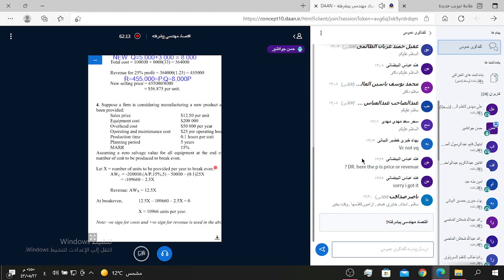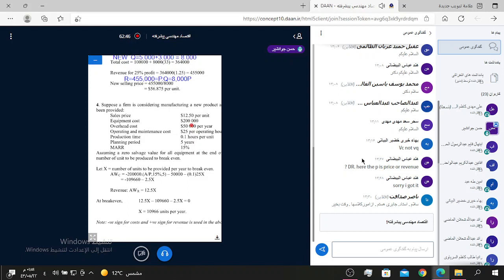Now we must find AW for this problem. Time value must be used in this problem, with X as the number of units. We have the equipment cost.